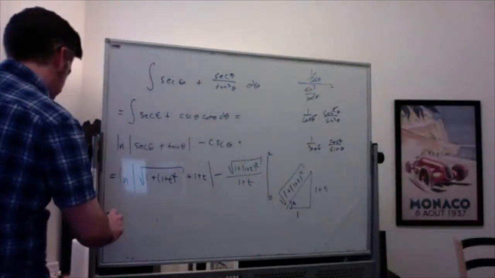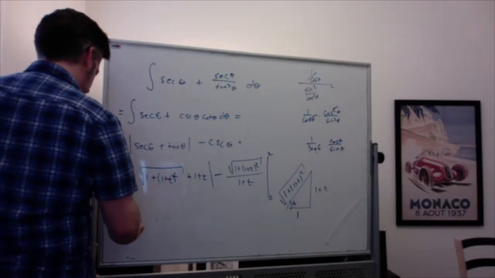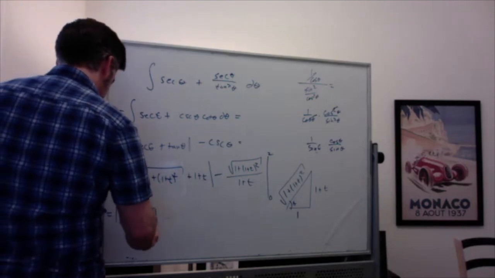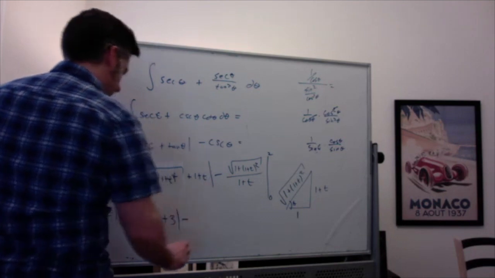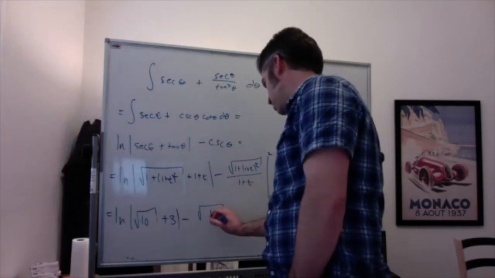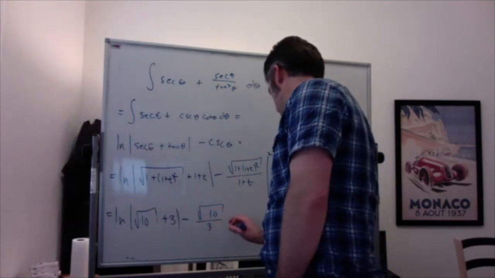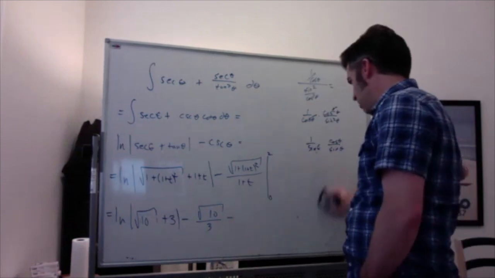So if we plug in 2, we get the natural log of the square root of 1 plus 9, so the square root of 10 plus 1 plus 2, minus the square root of 10 over 3 minus, then we plug in 0, and I bet it all goes away.